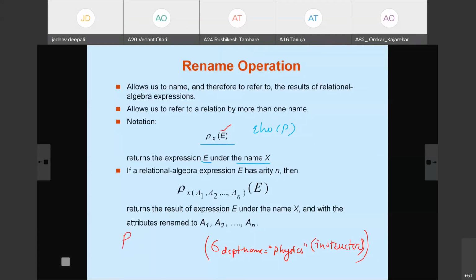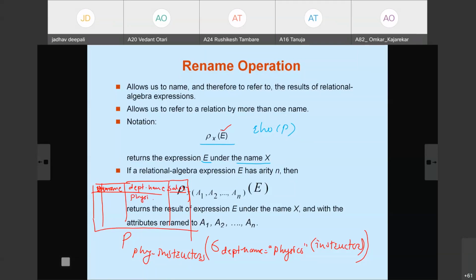I want to rename the result as physics instructor. Whatever the resulting relation has, ID, name, department name and salary, the department name is equal to physics only.